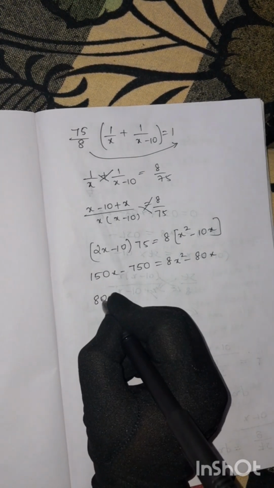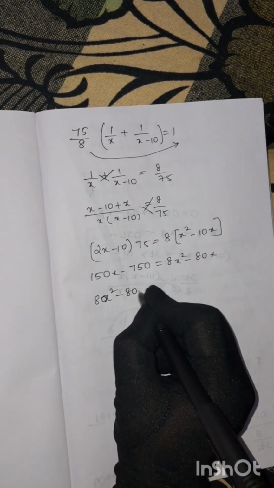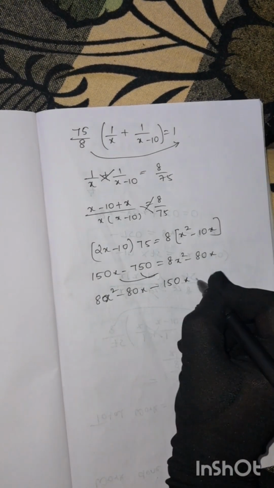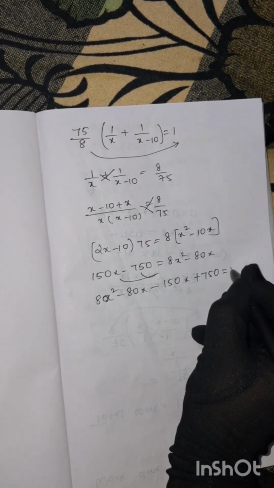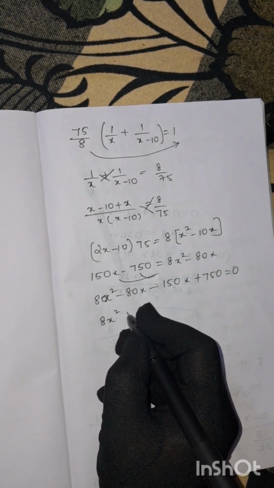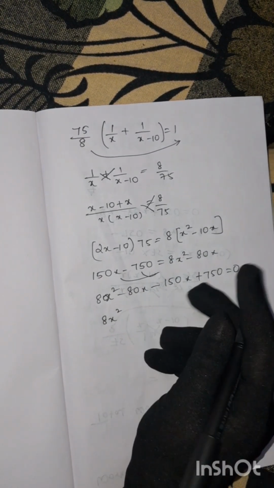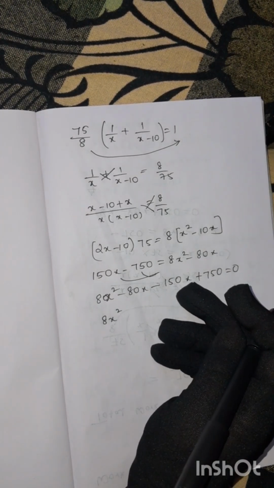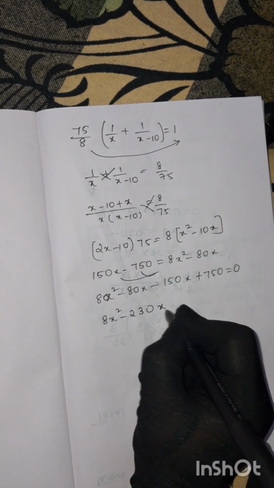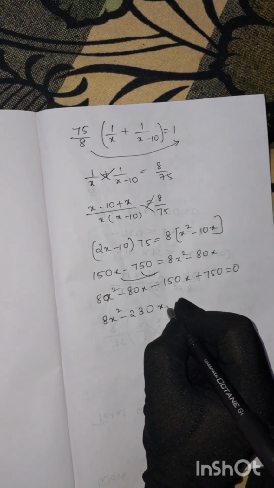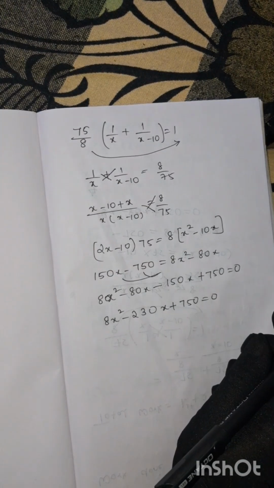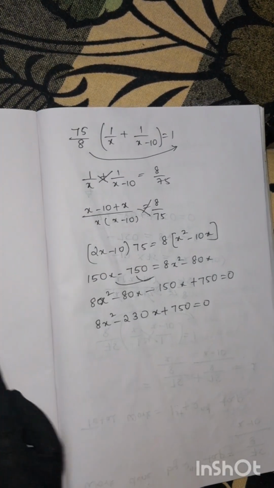So 8x square minus 80x, taking all these terms to that side, it will be minus 150x plus 750 is equal to 0. So 8x square minus 80 minus 150, how much? 230x. So 8x square minus 230x plus 750 is equal to 0, right?